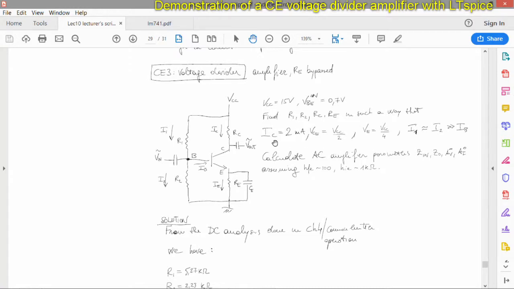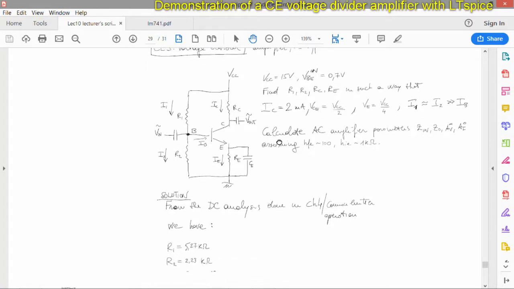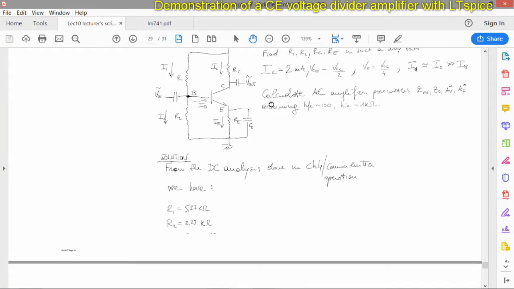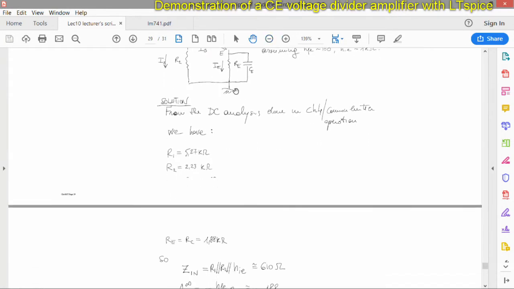IC had to be 2 milliamps. We had set some conditions on VCE. We solved it, and we found out that the values of R1, R2, RE, and RC had to be this one here. So R1 5.27, and so on and so forth.